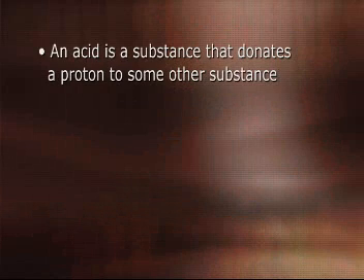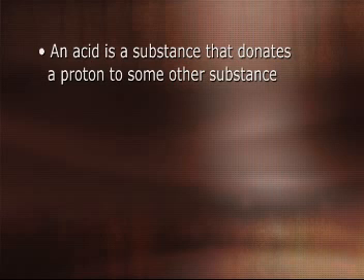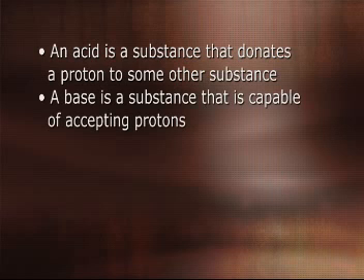According to the Bronsted-Lowry concept, an acid is a substance that donates a proton to some other substance. A base is a substance that is capable of accepting protons. Bases are proton acceptors.